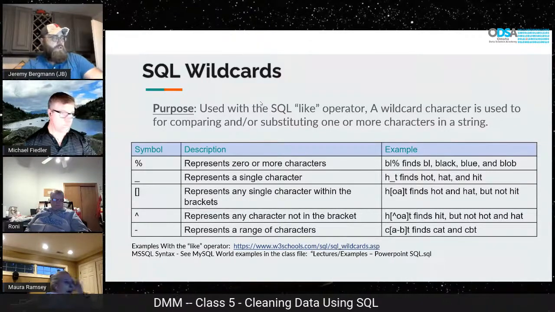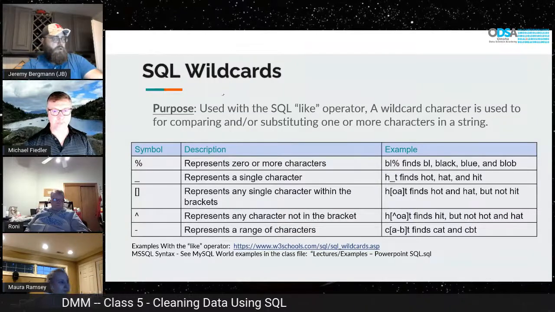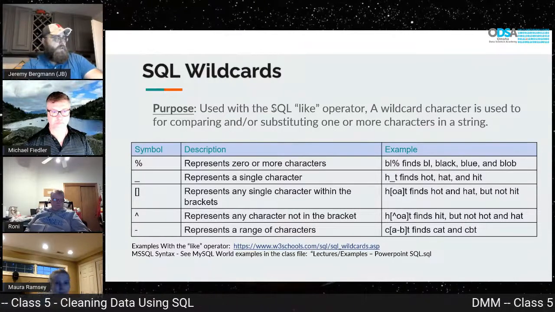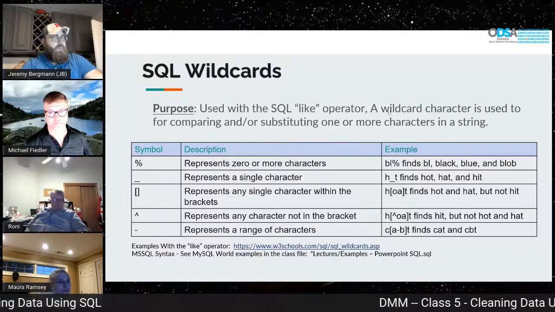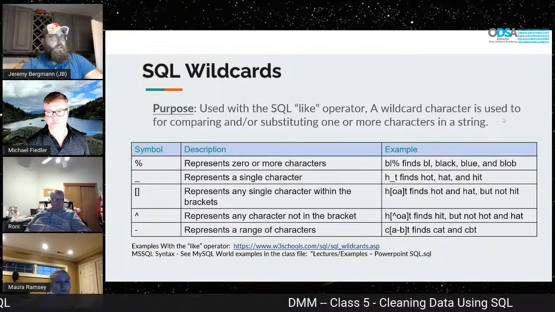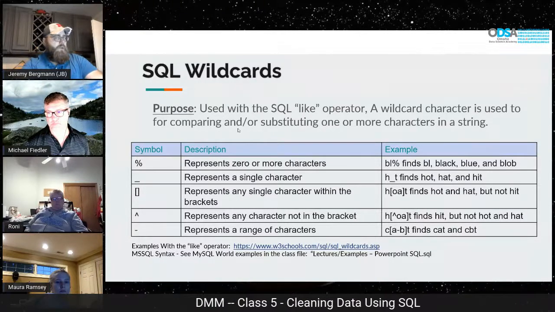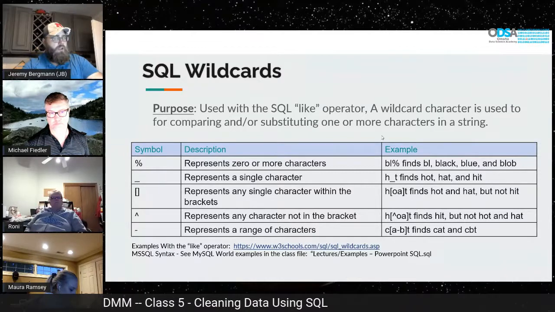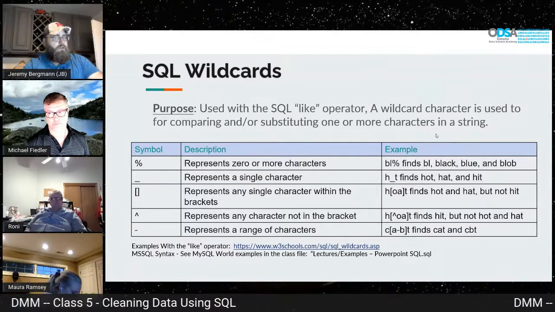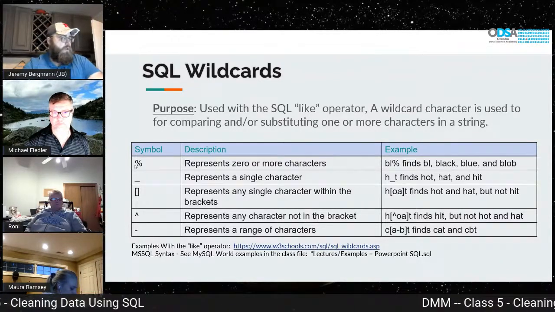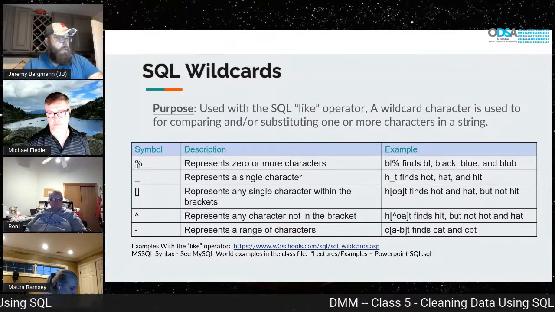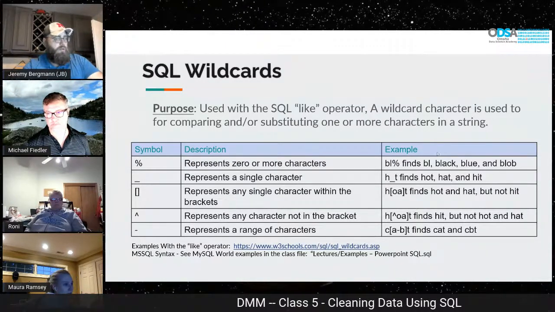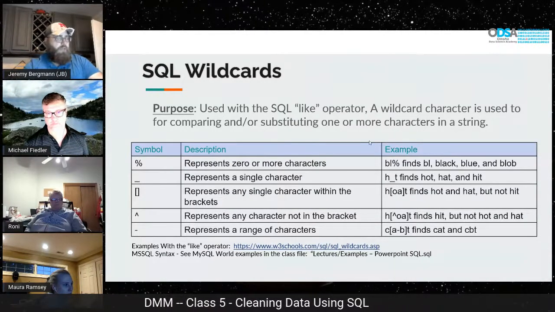So first, we're going to learn about SQL wildcards. These are used with the SQL LIKE operator. A wildcard character is used for comparing and/or substituting one or more characters in a string. You have different ways of doing this, and these provide pretty good examples here.